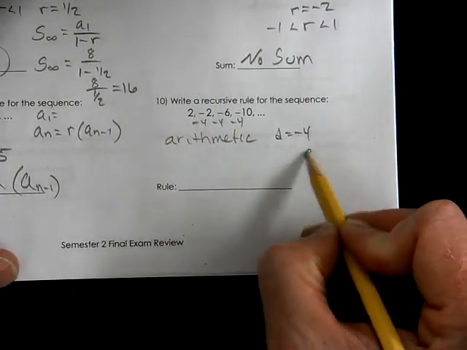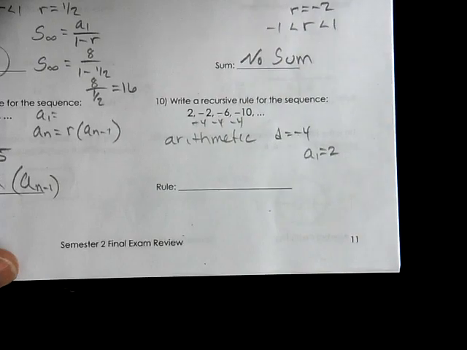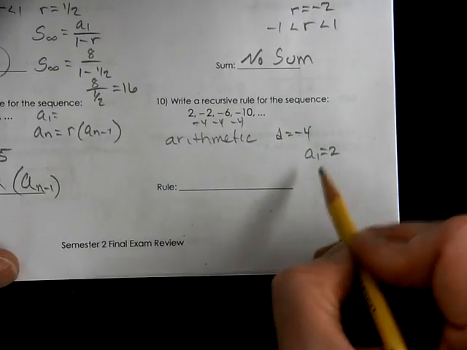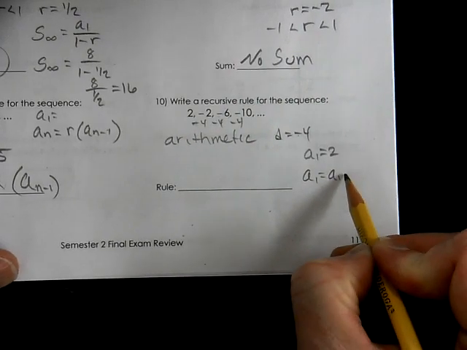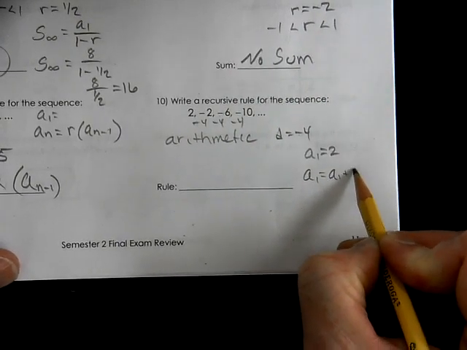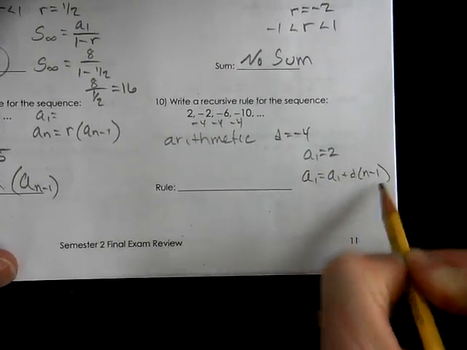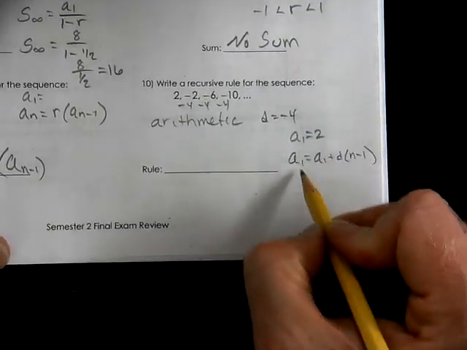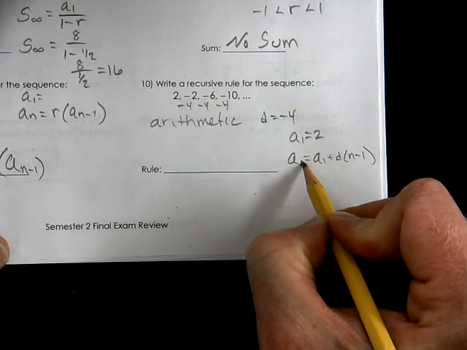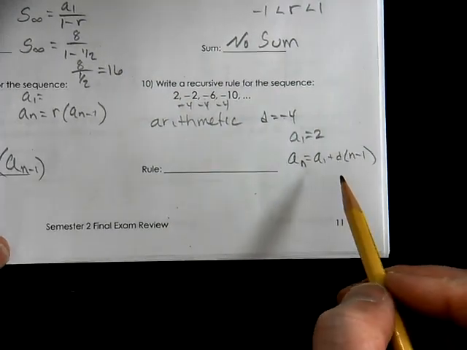With the recursive, you always have to start with the first term. And then our rule is going to be a of 1 plus d times n minus 1. A of n equals that.